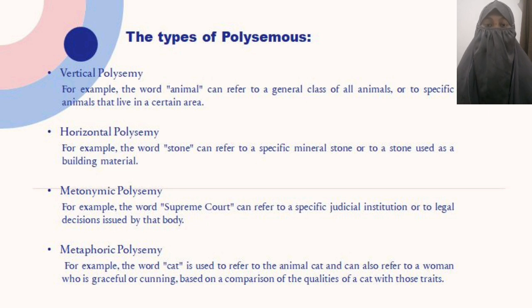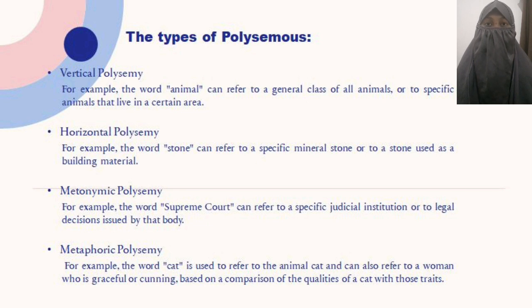3. Metonymic polysemy occurs when a word or its original meaning is used to refer to something else related to it. For example, the word Supreme Court can refer to a specific judicial institution or to legal decisions issued by the body. 4.